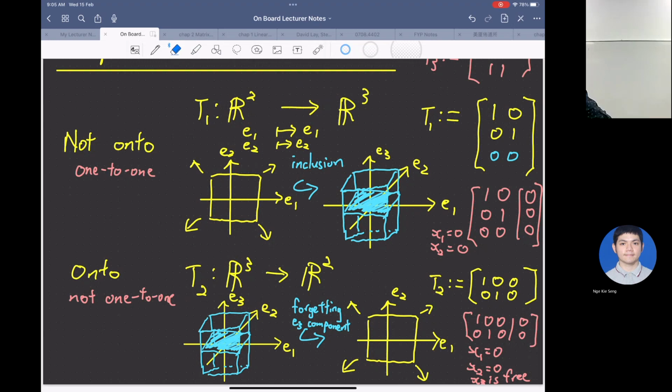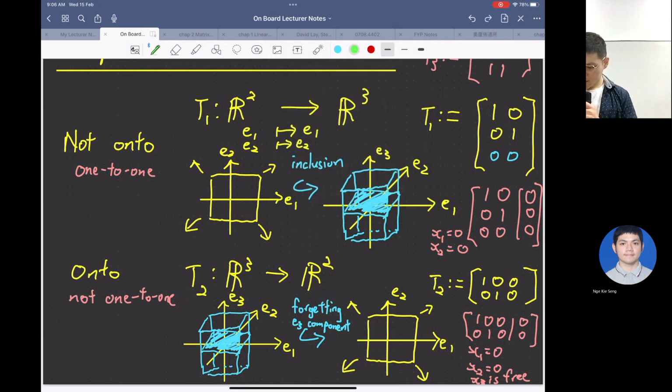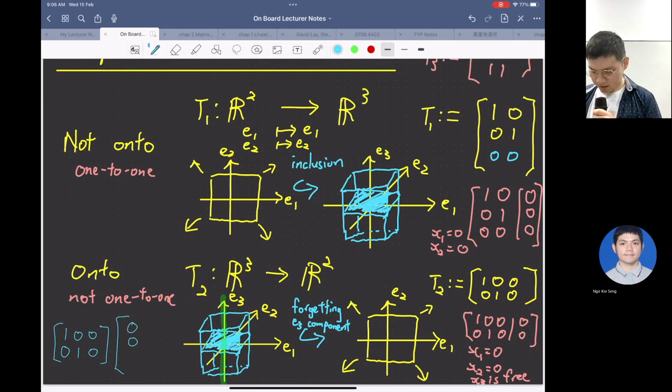Any vector on E3, yes. Everything on E3 will be mapped to 0 in this example. Algebraically, how do you see it? You have 1, 0, 0, 1, 0, 0 as your matrix. Everything on E1 will be looking like 0, 0.